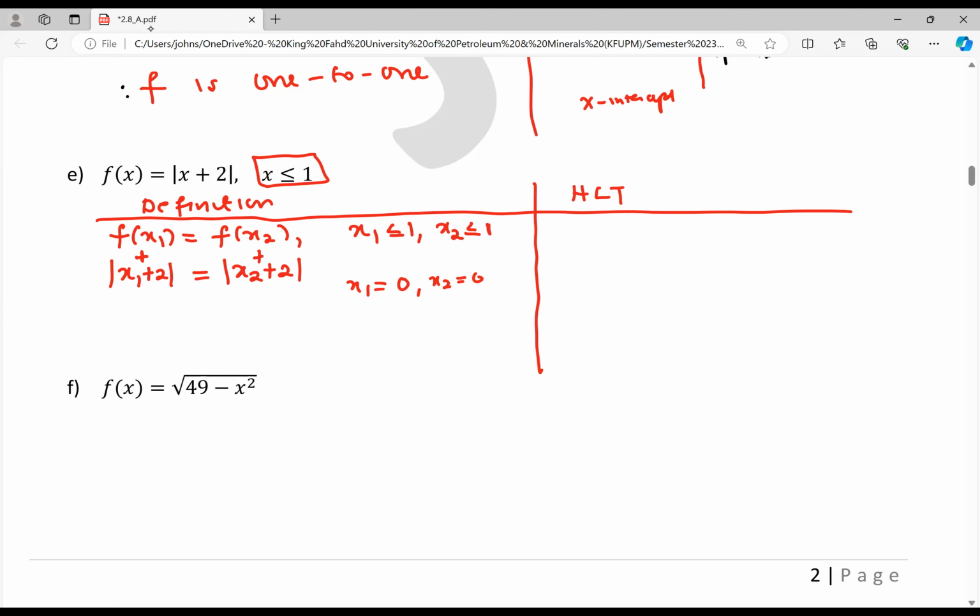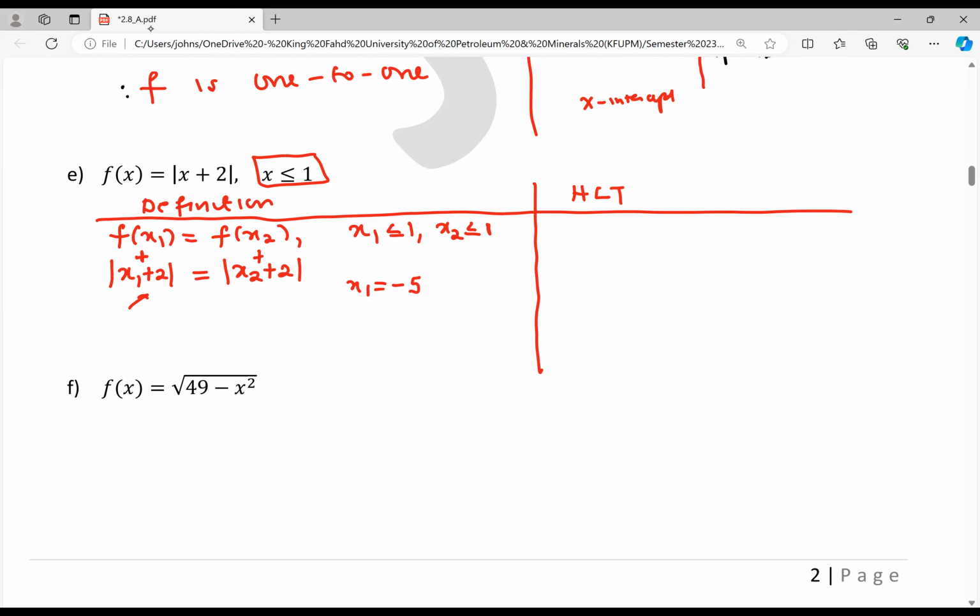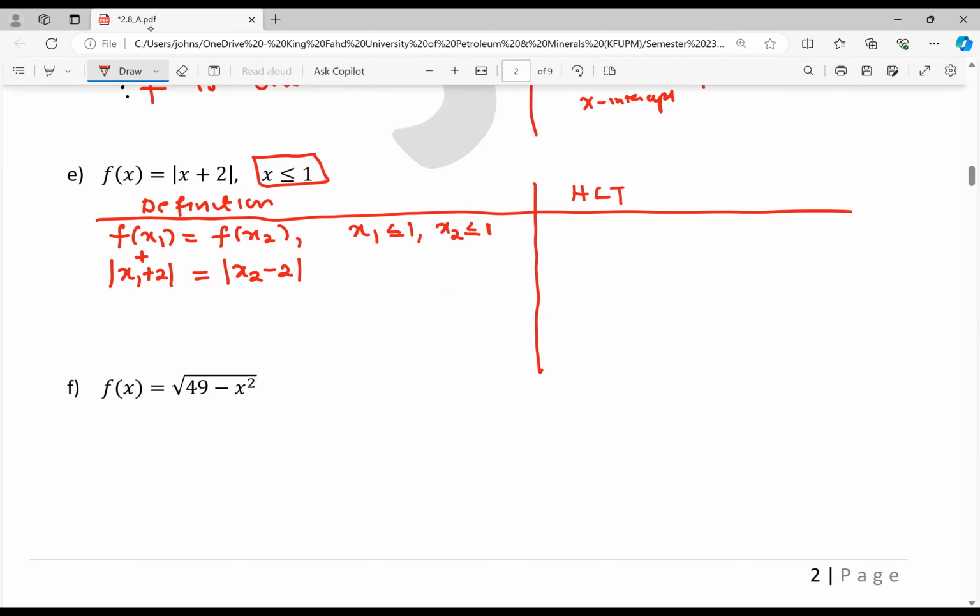But if you take x1 to be a negative number now, let's say minus 5, then this is going to be minus 5 plus 2, which is minus 3. So it's a negative number. This condition does not make the quantity inside your absolute value positive. Sometimes it could be positive, sometimes it could be negative.